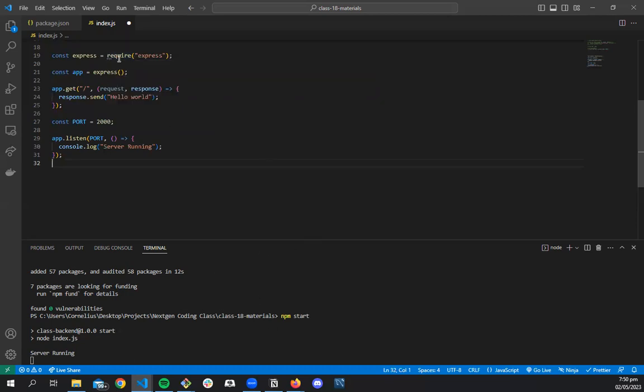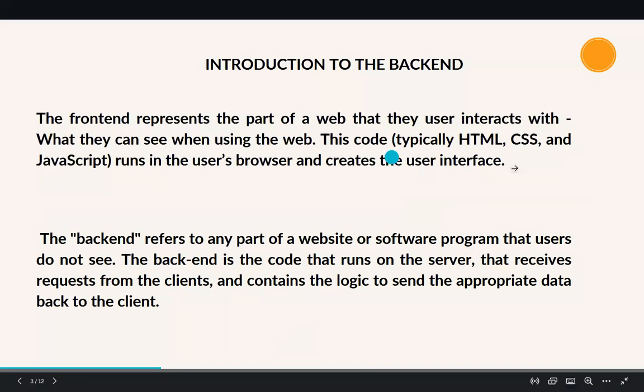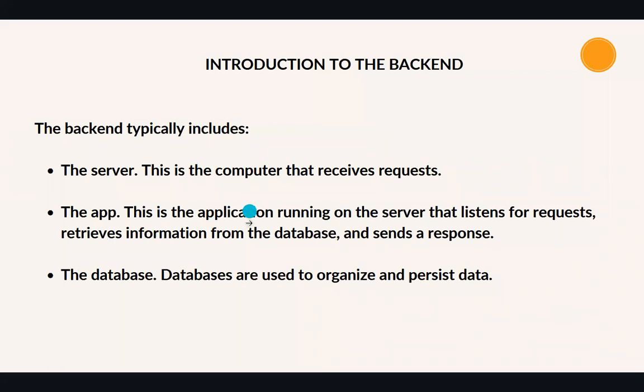When we install Express, we can require it. When we require it, we can then use Express to create an application on our server that is listening and handling our request. When we're talking about what our backend primarily has, it has a server, and it has an application on the server that is listening for requests.